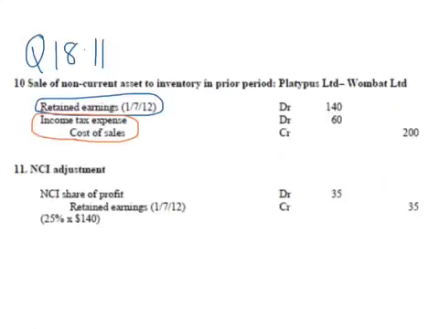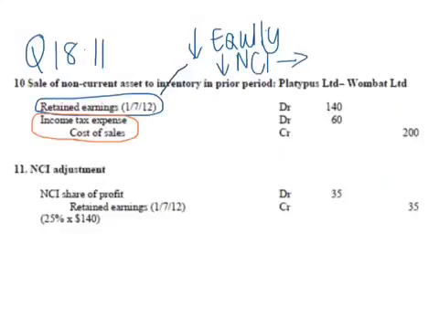First of all, our opening retained earnings is affected. So there's a decrease in our opening retained earnings. So if our equity balance decreases, then there should be a corresponding decrease in NCI in proportion to their shareholding in equity.